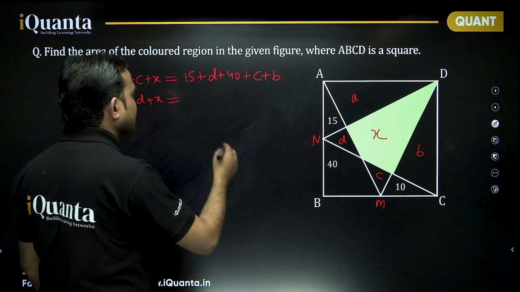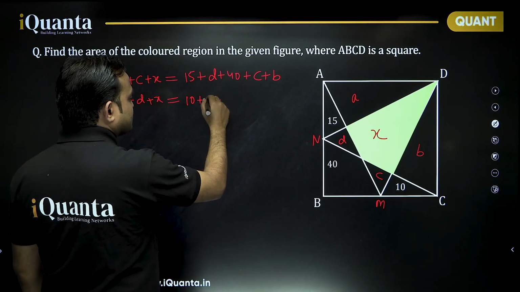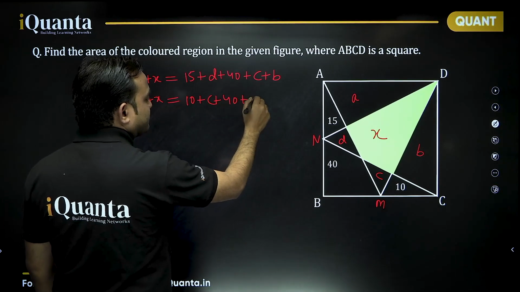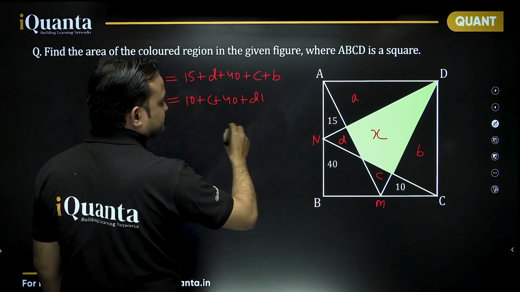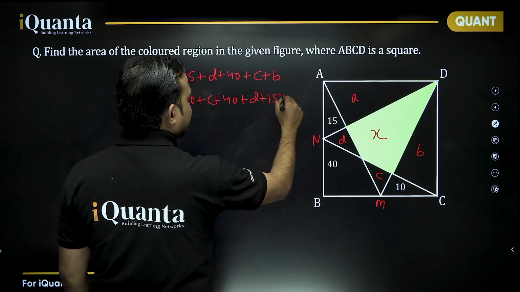So that will be 10 plus C plus 40 plus D plus 15 plus A, right?